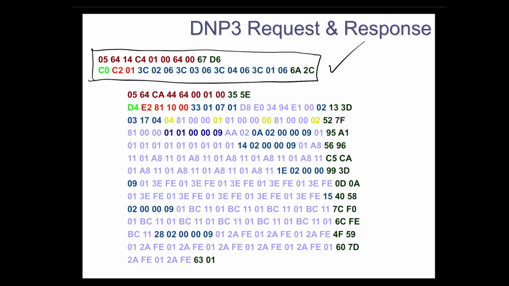When it comes to the response, however, you should be able to go as far as right here in the message. So you should be able to carry on and do the full data link header, the transport header, the 4 byte application header, because remember, for a response we have a 4 byte application header. Well, for the request we only have 2. And then you should be able to interpret as far as the first object header.